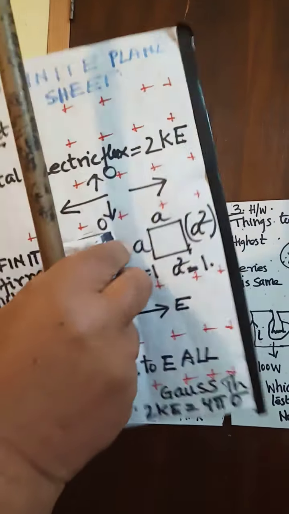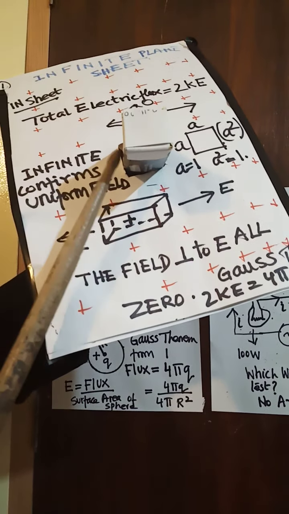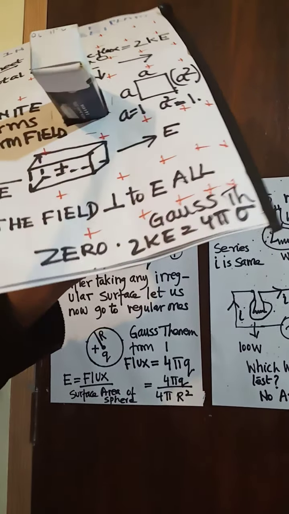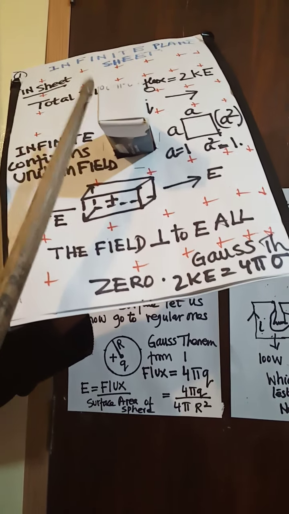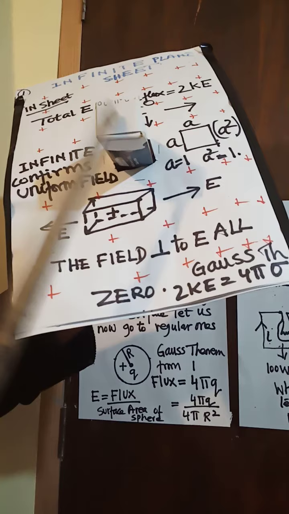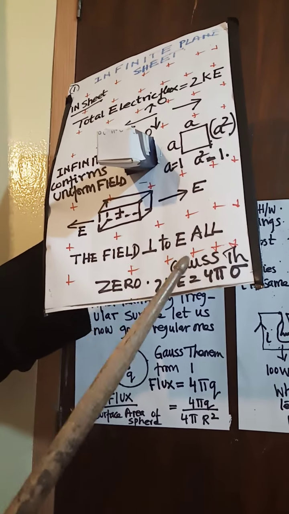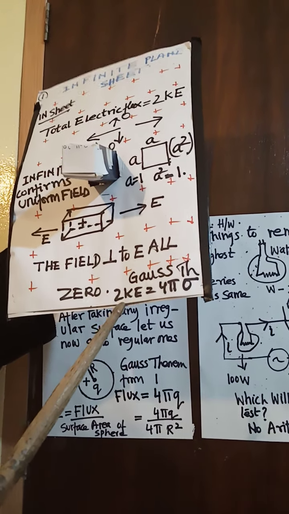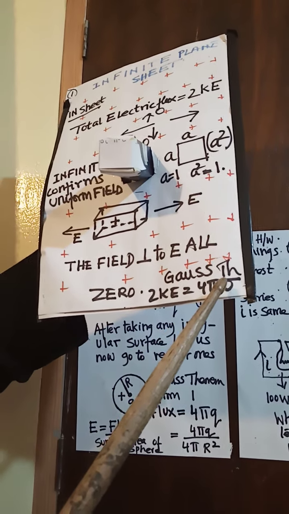So what about the electric field perpendicular to the side of this system? They are all 0. The electric field is 0, so only E to this side and E to the back of the paper. So here, from Gauss theorem, we will have twice Ke, which will be 4 pi sigma.